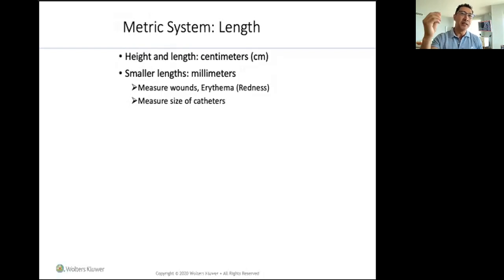The height is in centimeters and the weight is in kilograms. Remember that, because when you start doing your clinical paperwork, it's right up there. You don't have to dig for it. And also, we use millimeters.